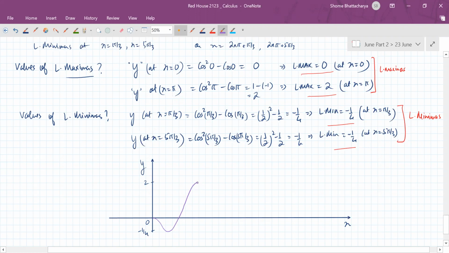Then it's again coming back to minus 1 by 4 at 5 pi by 3. And then this whole cycle will repeat itself. So from here onwards, the graph will repeat itself.